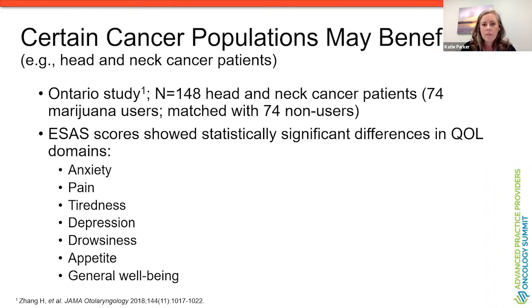There have been some studies that in this particular population, THC and marijuana has been helpful. I've found this clinically as well, that head and neck patients do respond to cannabinoids. I might also add that HIV patients tend to respond well to cannabinoids. So if you have an HIV-associated sarcoma, for instance, or an anal cancer in an HIV-positive patient, cannabinoids might be helpful.